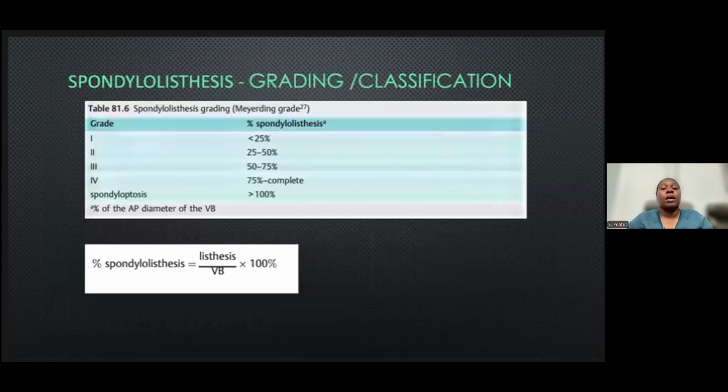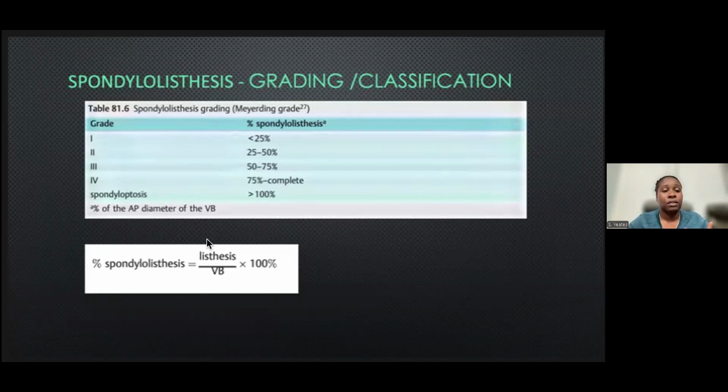So from the text I use, we usually use the Meyerding grading system or classification. This classification in the sagittal plane is used for grading the severity of slip.